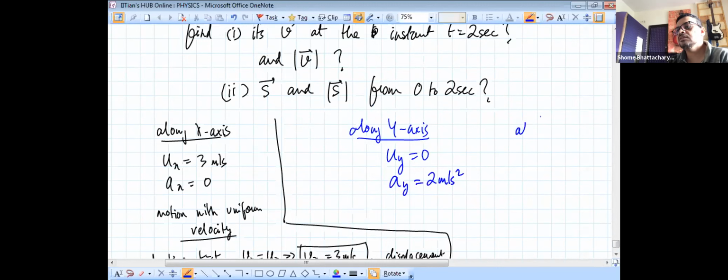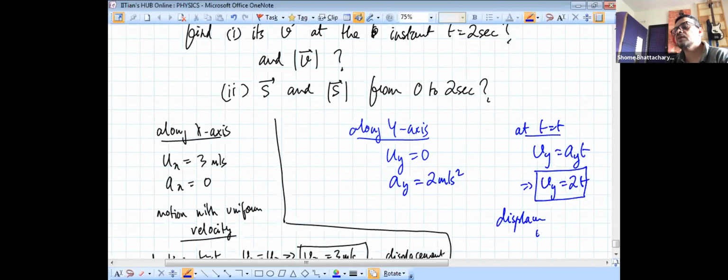So ay is 2 meters per second square. So at some time t, the velocity along the y-axis will become ay into t. So the velocity will be given by 2t. And displacement along the y-axis will be given by half ay into t square.